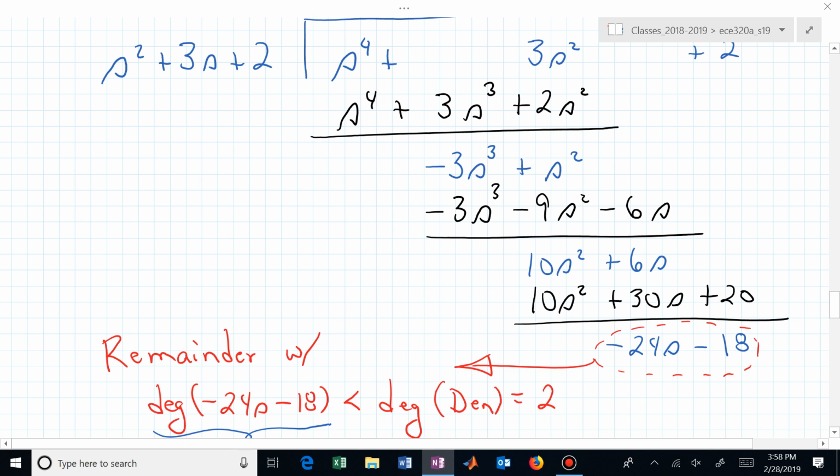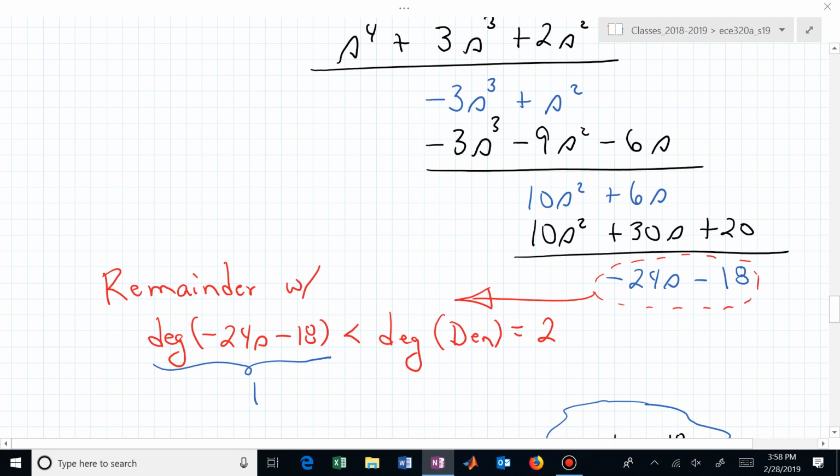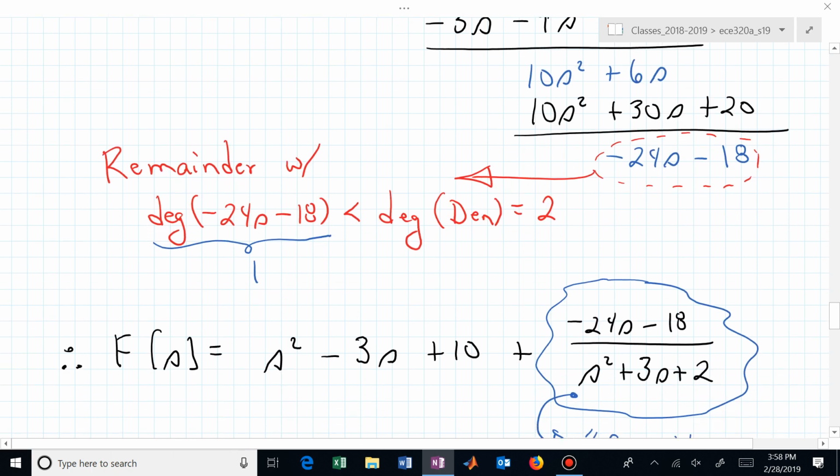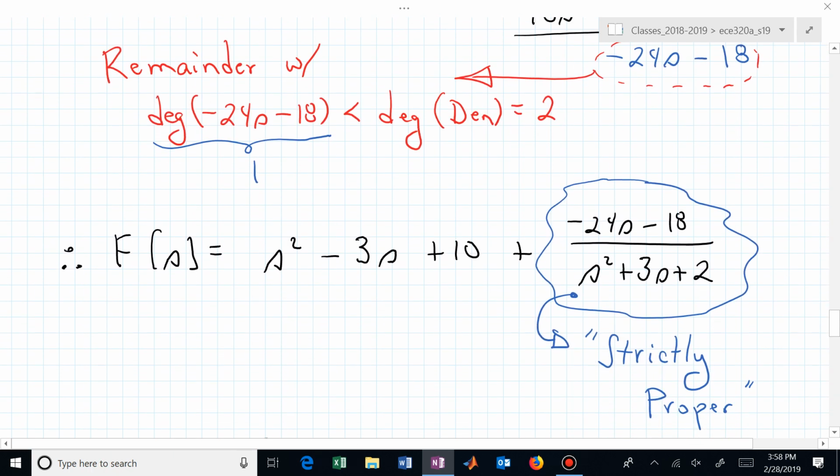And the remainder is then of degree 1, which is less than the degree of the denominator, which is 2. Meaning, we now have rewritten that original transform expression, which had an s to the 4th divided by an s squared, into some powers of s, in particular s squared, an s, and an s to the 0, polynomial plus a strictly proper transform expression.